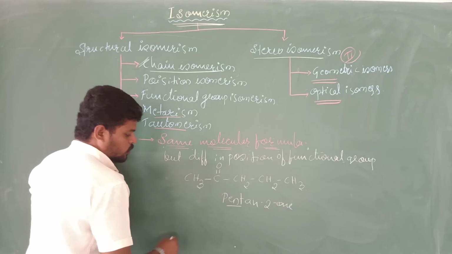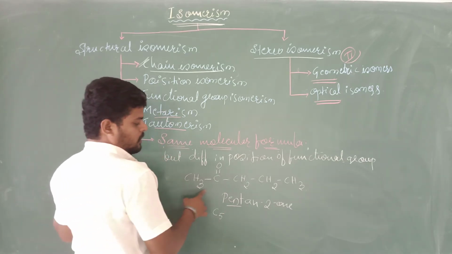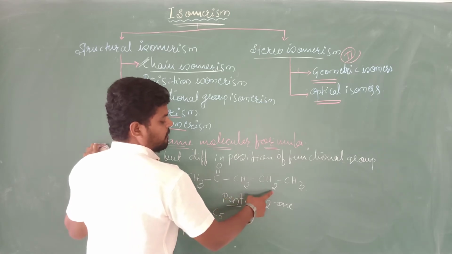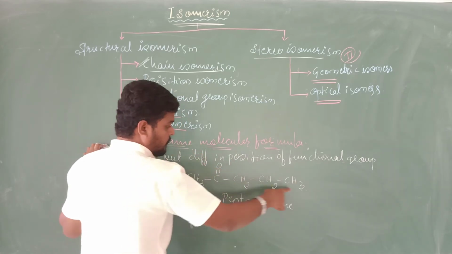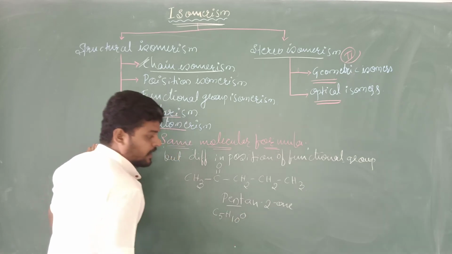If you look at the number of atoms: carbon atoms 5, hydrogen atoms 3 plus 2 is 5, 5 plus 2 is 7, 7 plus 3 is 10. C5H10O.